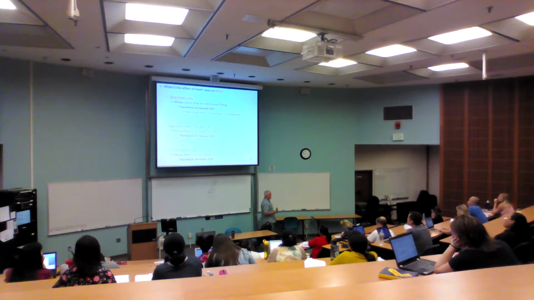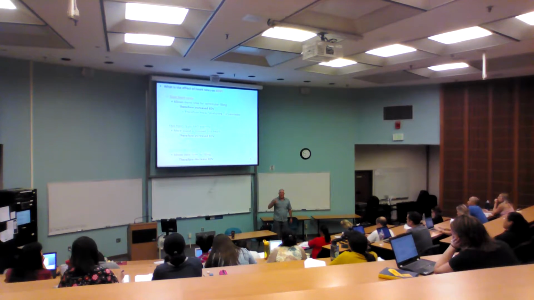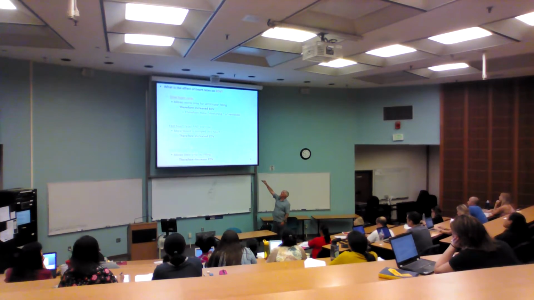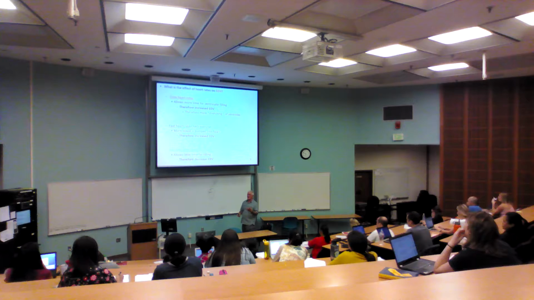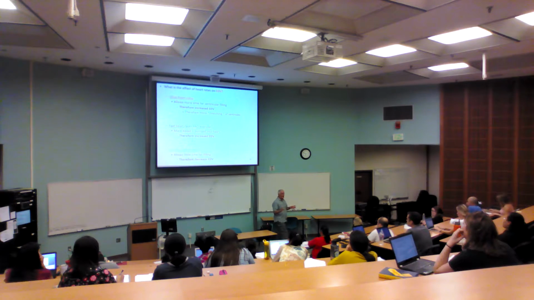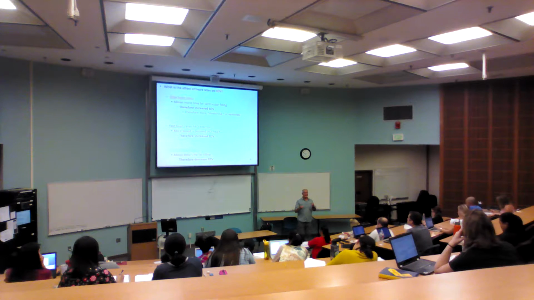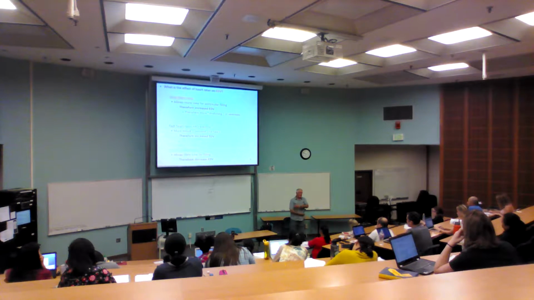But the faster my heart beats, the less time there is for filling. How can I have a fast heart rate leading to an increase in EDV? It's because you're exercising. What does that really mean? Those of you that had lab already, the concept we talked about called the musculoskeletal pump comes into play. Whenever you contract muscles, you're pushing the blood up the inferior vena cava if you're working your lower extremities.